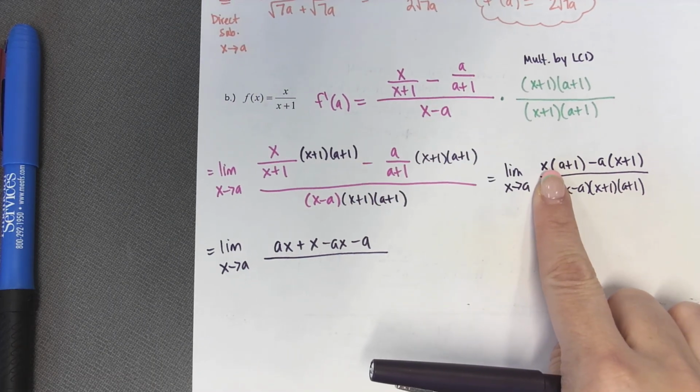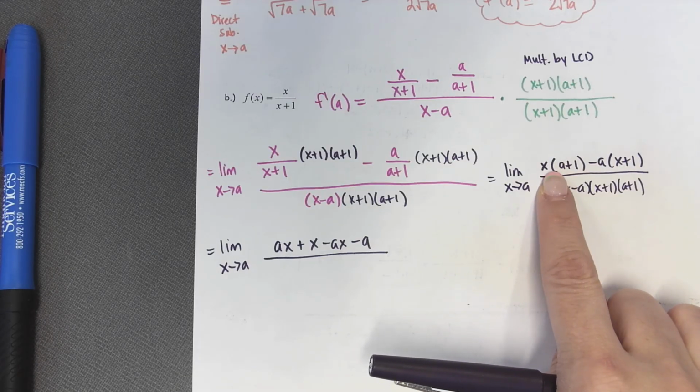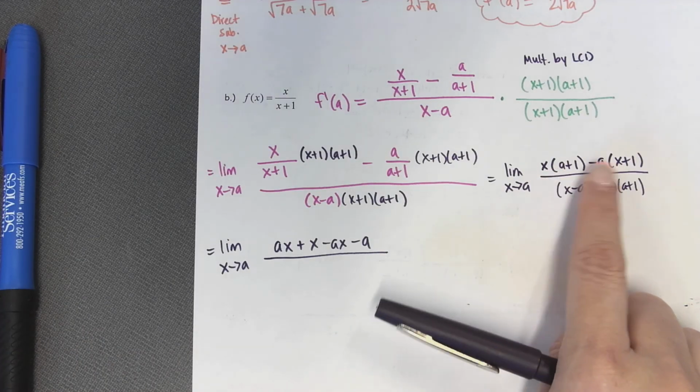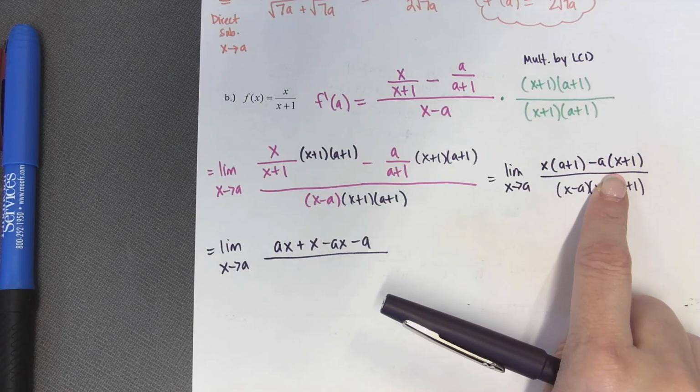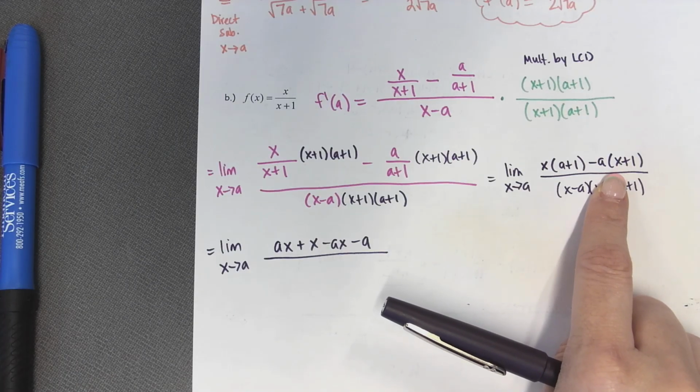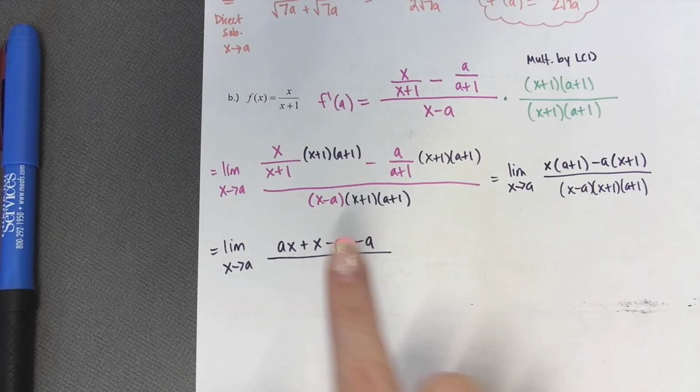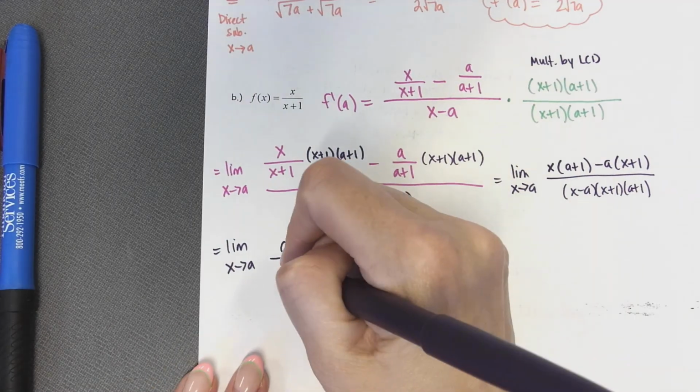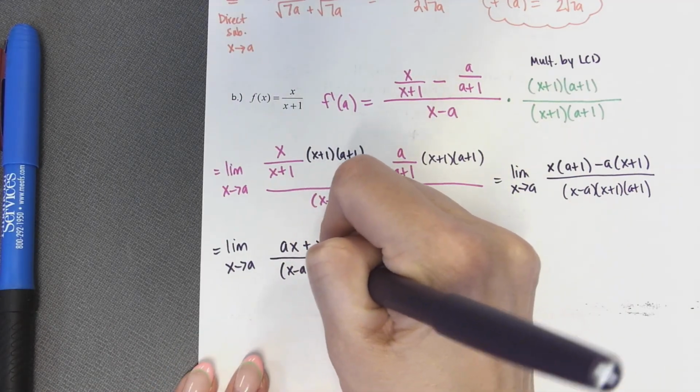When I'm multiplying variables, I generally put them in alphabetical order. That way, if you have two with the same variables being multiplied, you'll see that they cancel. Sometimes if you write xa and ax, it might take you a second to realize those are the same thing. So ax minus ax, you are going to get some things that simplify here.